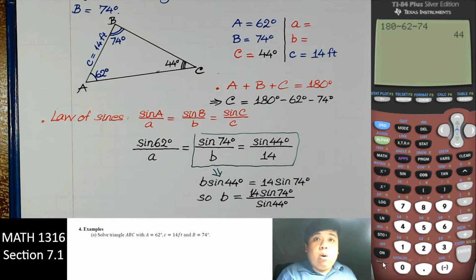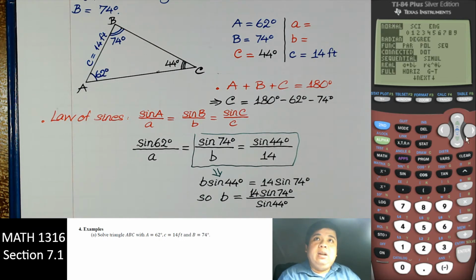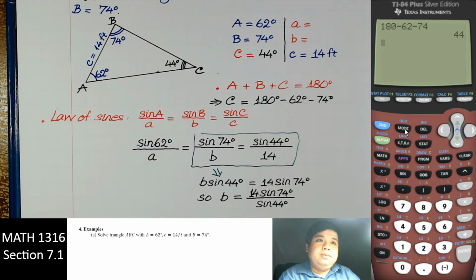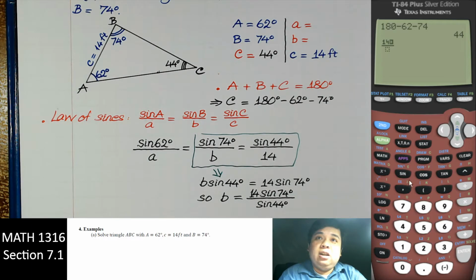Most important, in solving triangles, all the measures have to be in degrees. So make sure we hit mode and set to degree for this chapter 7. That is very important. So b equals that fraction, 14 sine of 74 divided by sine of 44.